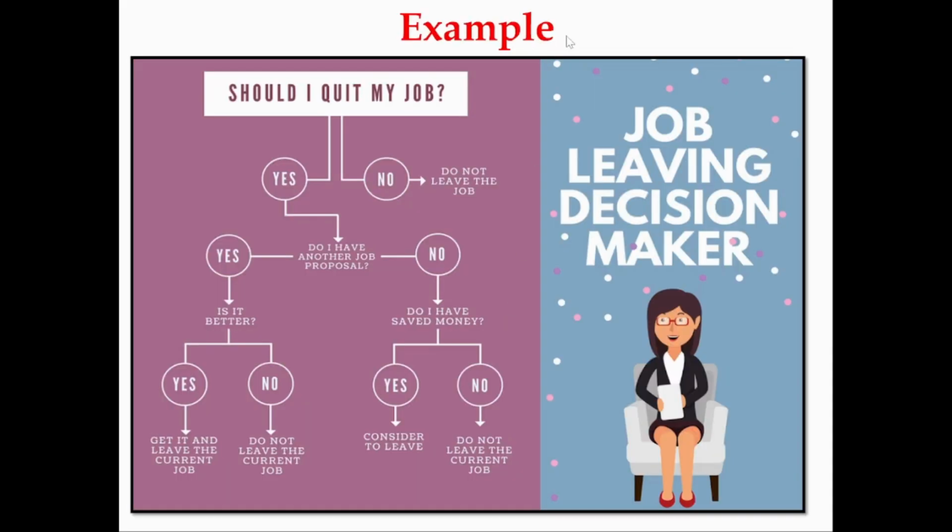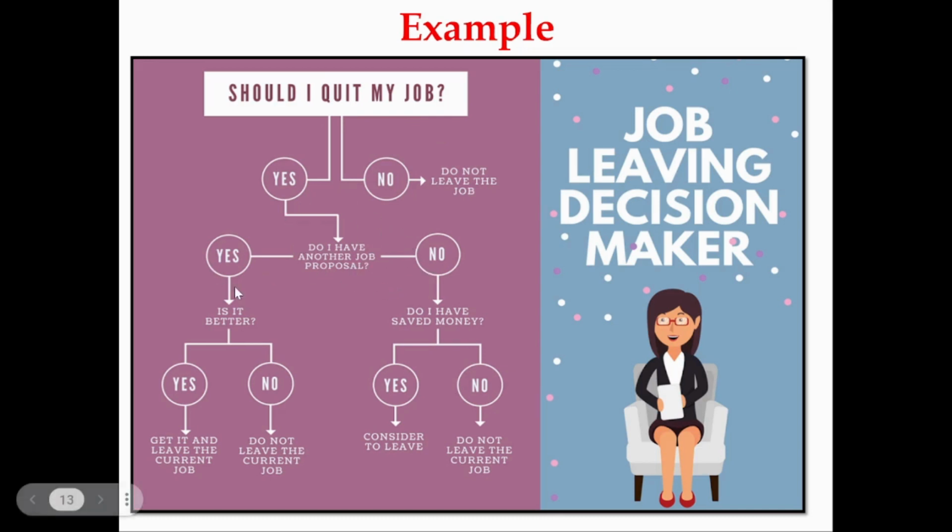And next, let us consider an example for decision tree. Initially here the case is, should I quit my job? This is the root node. If the decision is no, do not leave the job. If yes, do I have another job proposal?